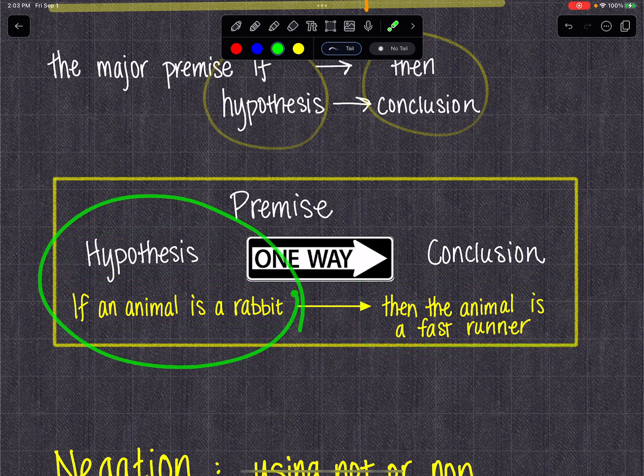This part is the hypothesis, this part is the conclusion. And also notice that there's an arrow from one to the other. So the premise is a one-way process. The premise does not say that all fast runners are rabbits. It just says, if an animal is a rabbit, then the animal is a fast runner.